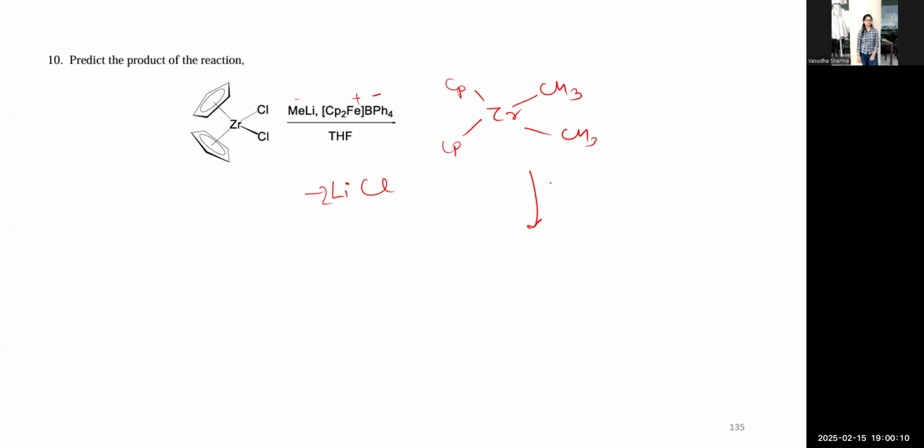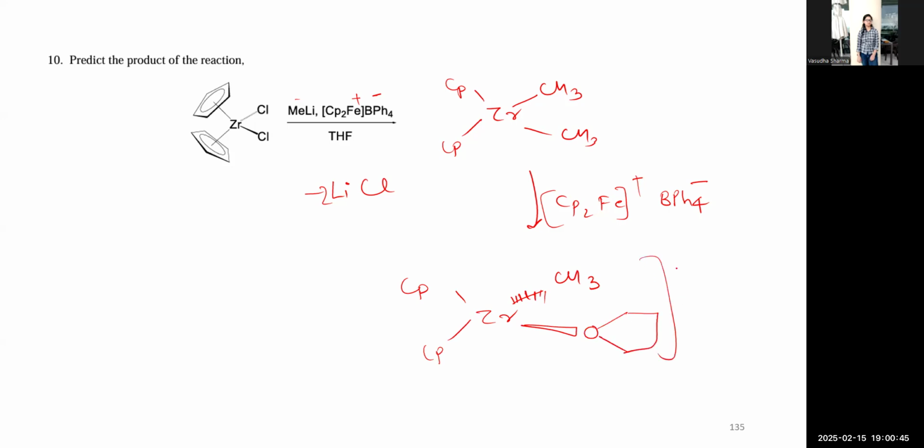When you're treating it with Cp2Fe+ and BPh4-, it would easily take out one of your CH3 groups, and one CH3 would go out, forming zirconium Cp2. One CH3 would stay as it is, and THF would come into the picture, forming a cation. This is the Jordan's reagent, and BPh4-.